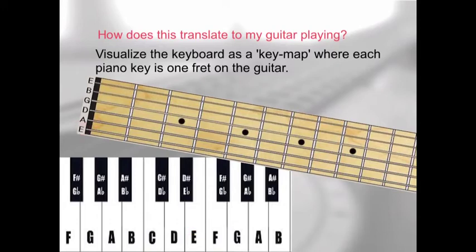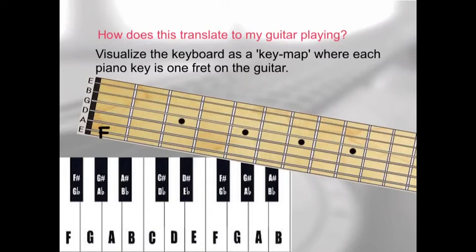As you move forward up through the piano, you're going one fret up on the keyboard. So your F note is one half step. It's the very next key, which means on the guitar, you're going to have F located at the first fret.